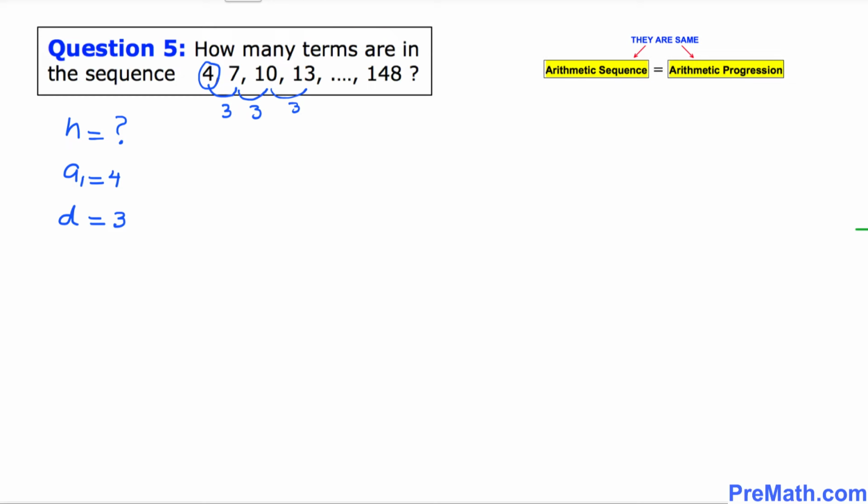So d equals positive 3. And one more thing to keep in mind: this is our last term, which is also called a of n. So a of n equals 148.